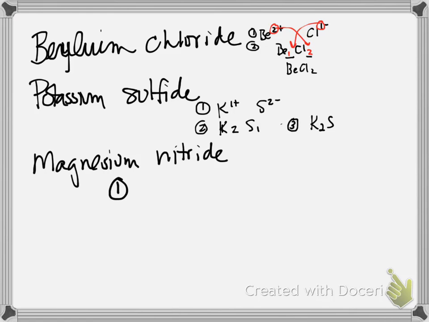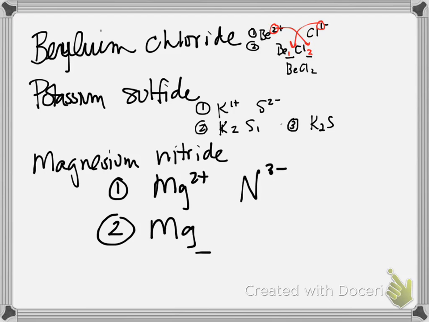Magnesium nitride. So, what ion does magnesium form? Mg2+. Nitride is what? N3-. Our second step, Mg with a little gap, N with a little gap.